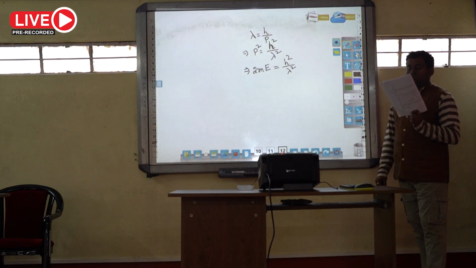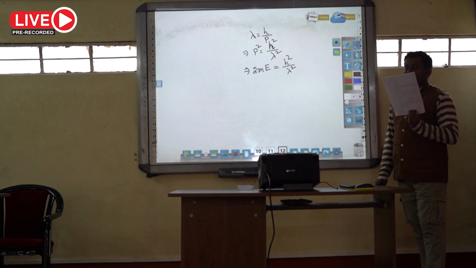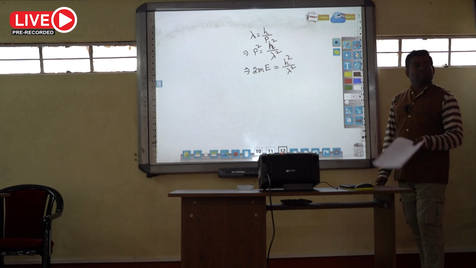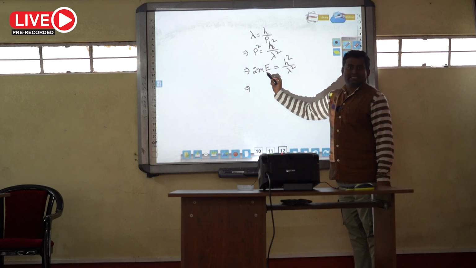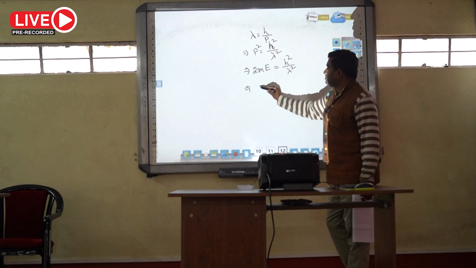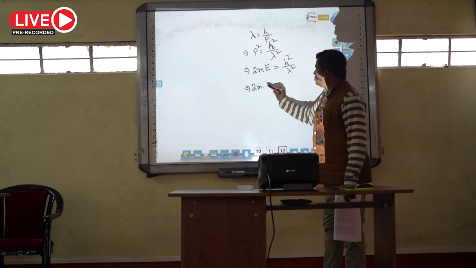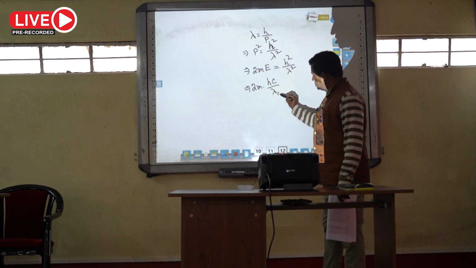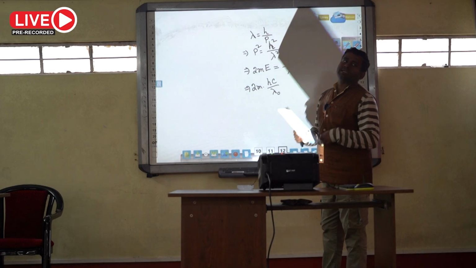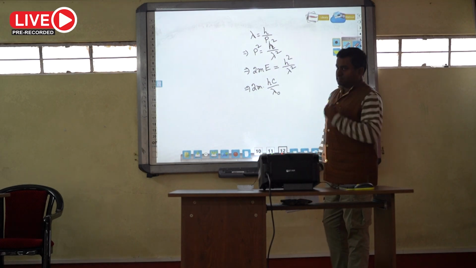Now this electron falls on the target in an X-ray tube, the cutoff wavelength of the emitted X-ray. So this should be the emitted X-ray's energy. This can be written as 2m into hc by lambda naught, that is the cutoff wavelength of the emitted X-ray.